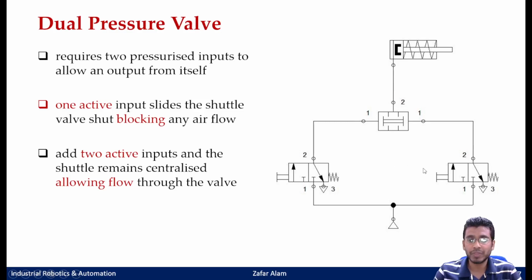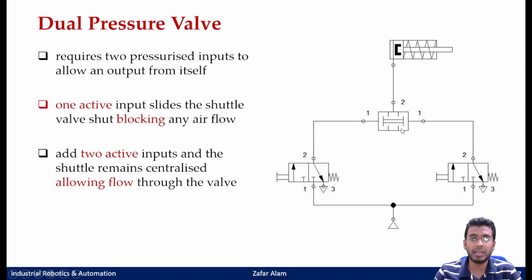Okay, similarly, if you have a pressurized line that is coming from this input element, and your pressurized line goes this side, the moment it reaches here, this entire spool will shift to the left and block this port. You see this square will just come and touch this and it will block this entire line.